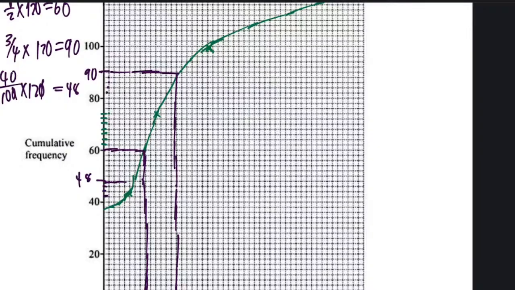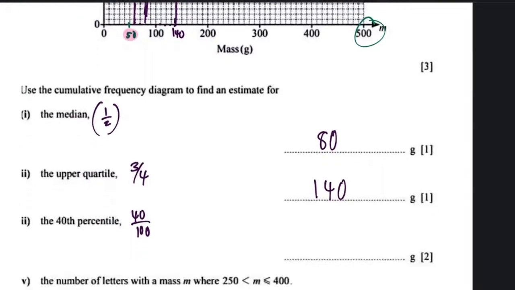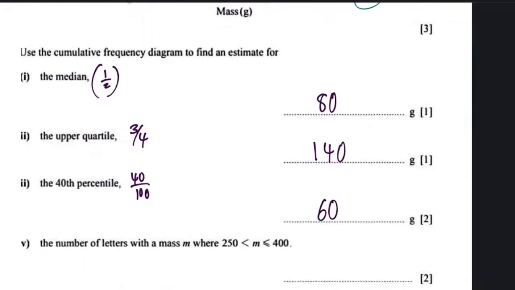Now we move with 48. It hits here, then we go down. This is 50. This is 60. So it's going to be at 60. So this is going to be the 40th percentile.